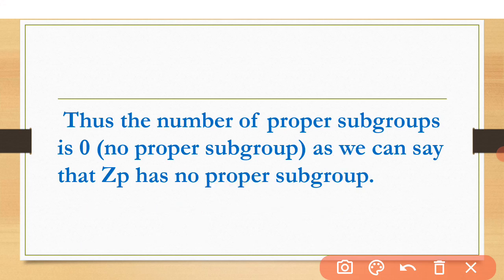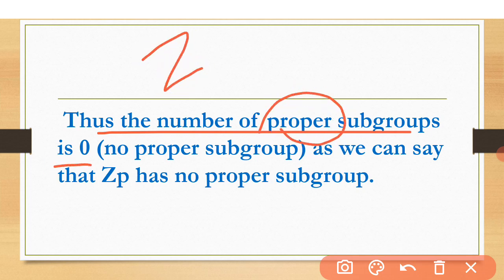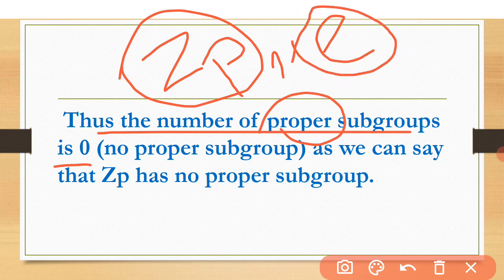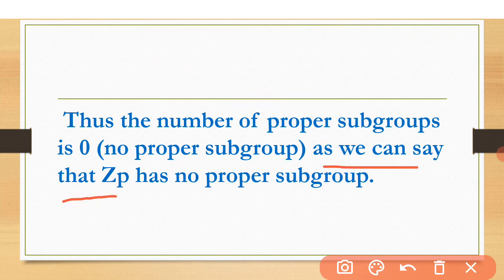Thus, the number of proper subgroups is 0. We proved that Z_p contains only two subgroups, Z_p itself and the identity element. Z_p is an improper subgroup, and the identity is the trivial subgroup, not a proper subgroup. That's why it has no proper subgroup. So we can say that Z_p has no proper subgroup, hence proved.